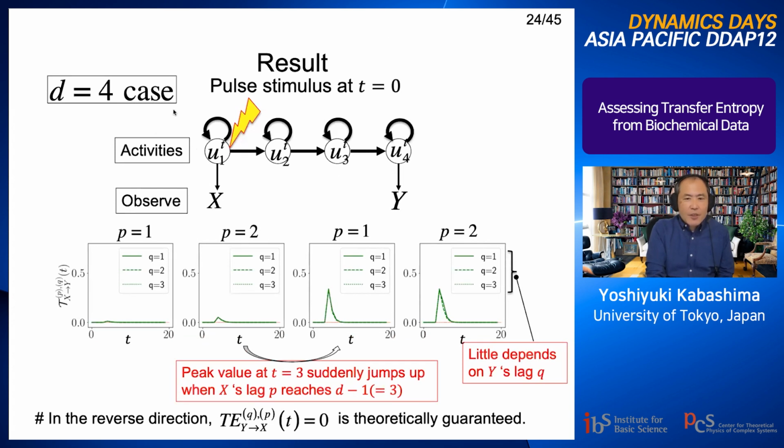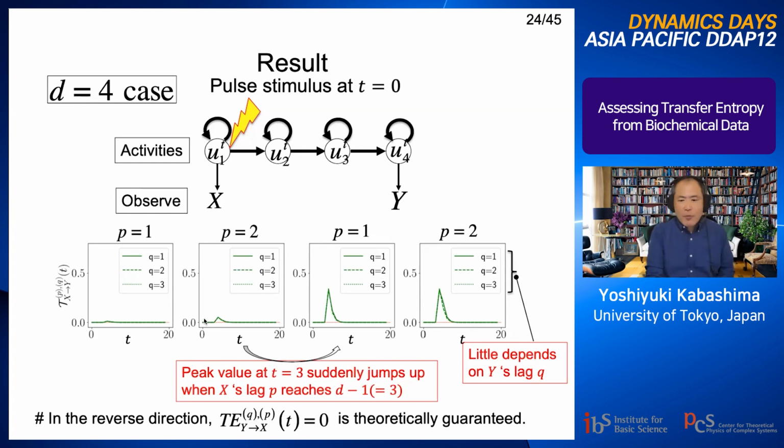And we show some results for simple cases for D equal 4, right? So we provided a pulse stimulus at time equal t for U1, and it propagates to U4. Anytime, we observe X and Y. Okay.